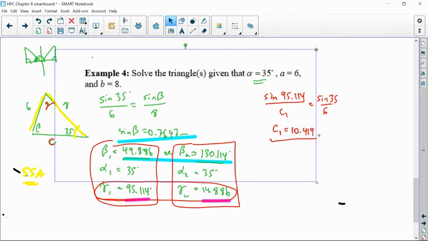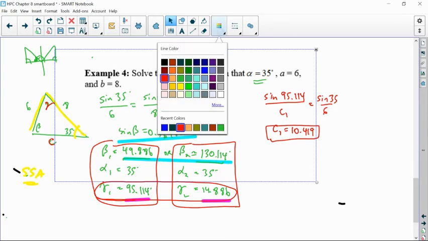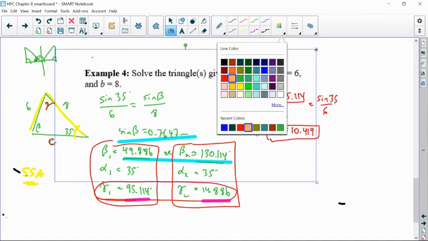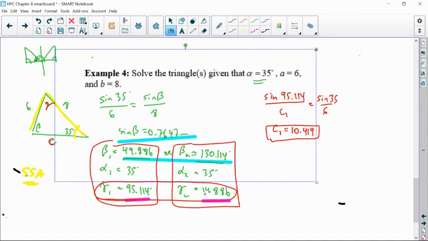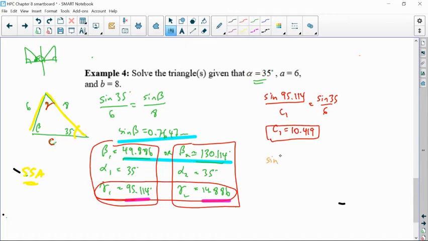Okay, so that's one. Now, to get the other one, I'm going to use my gamma to be the 14.886. Very similar: sine of 14.886 divided by C2 is equal to sine of 35 over 6.